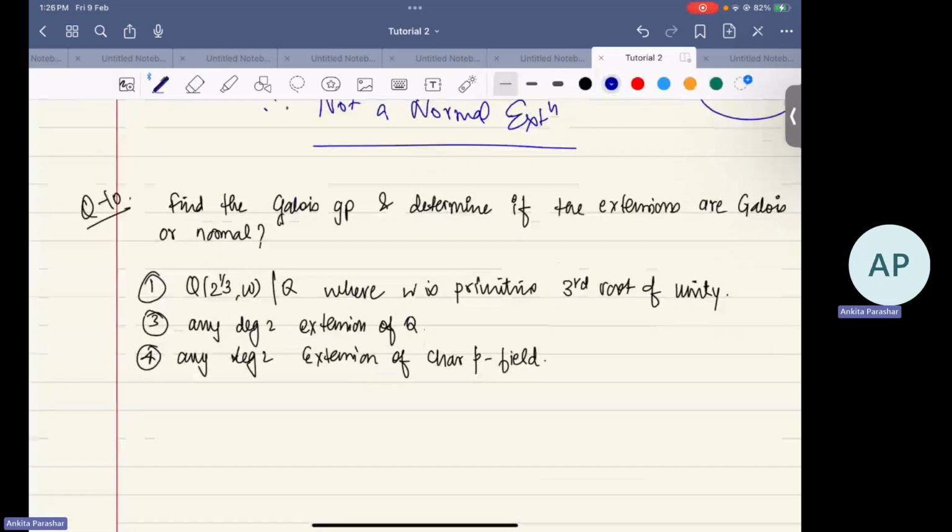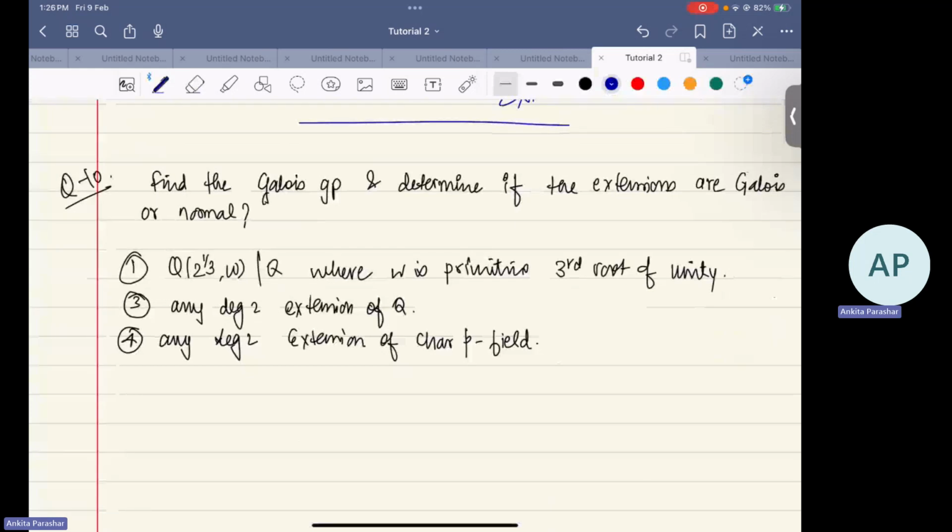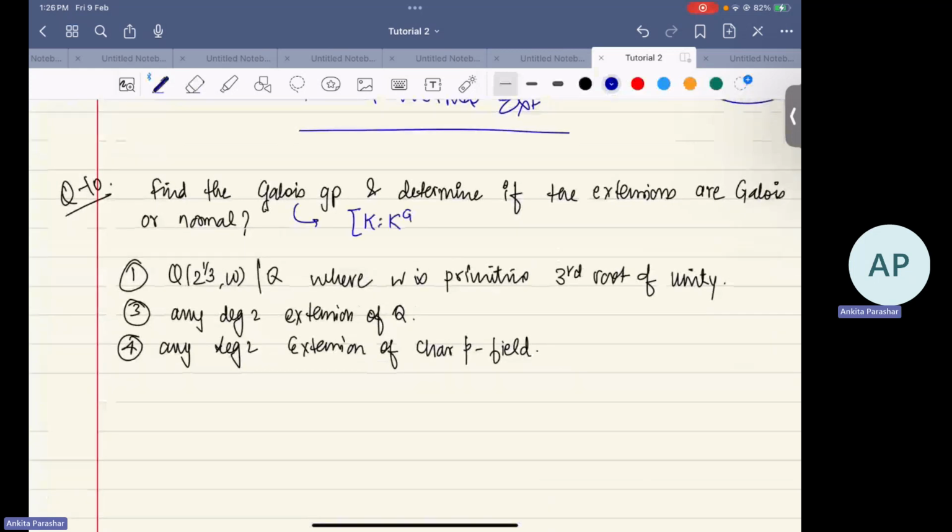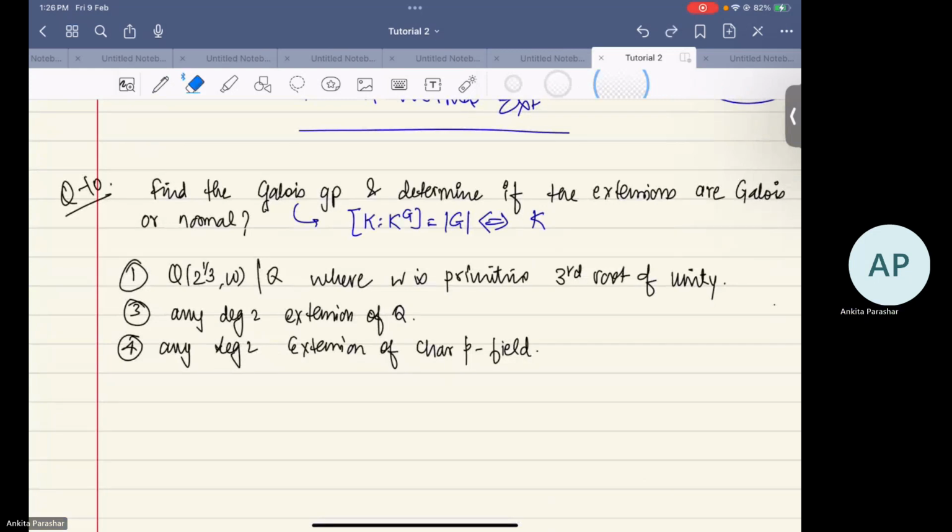Right, so the Galois group, remember we want to know, K over F is Galois if and only if this is the same as this.